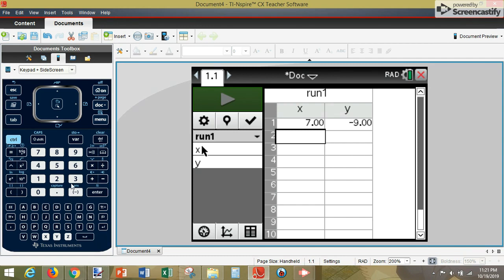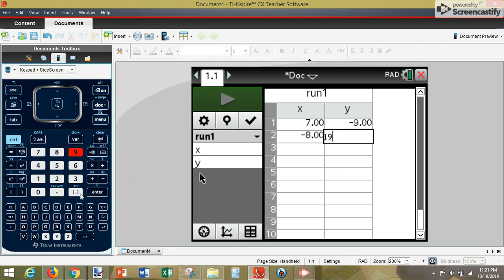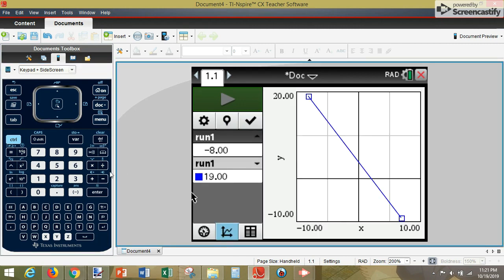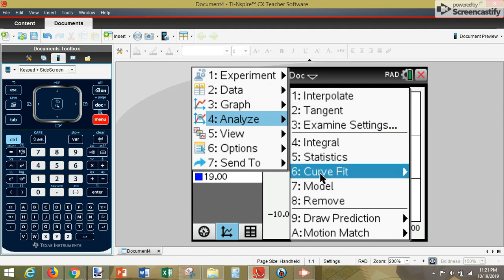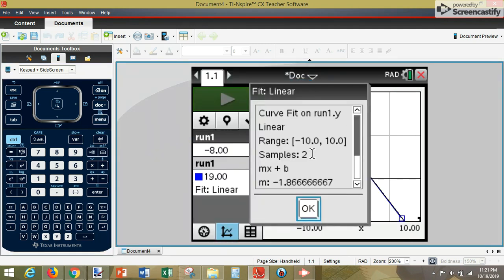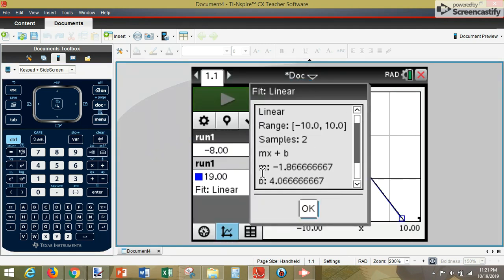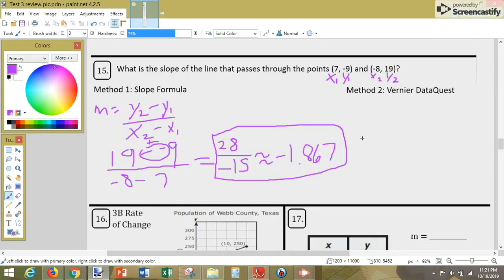In our second row, we have negative 8 and 19. Click the graph in the middle, press menu, 4 Analyze, 6 Curve Fit, 1 Linear. And we have m equals negative 1.8666667. That's the same thing as what we got before, so that works.